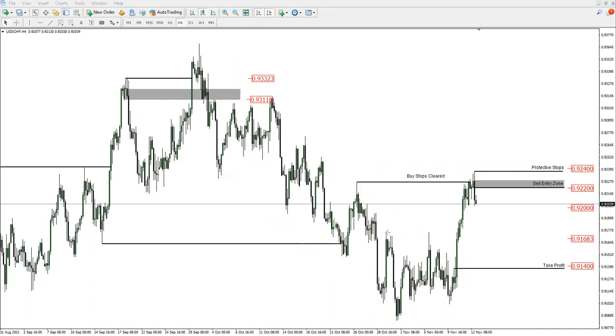Until we got this right here, which is this candle that breaks market structure on the upside. Also we kind of broke this structure on the upside as well.